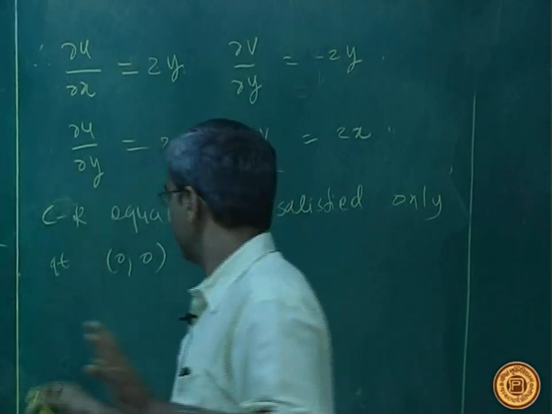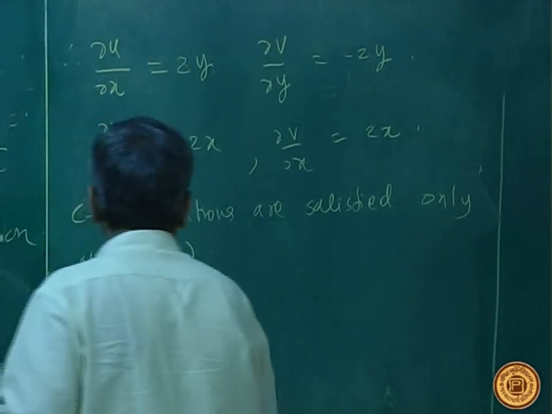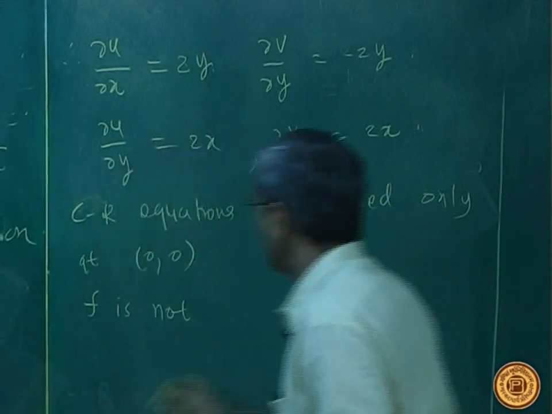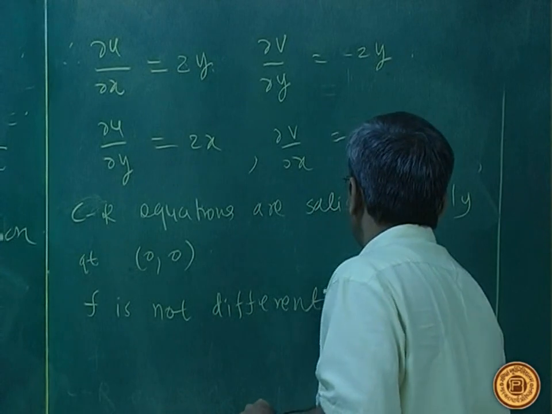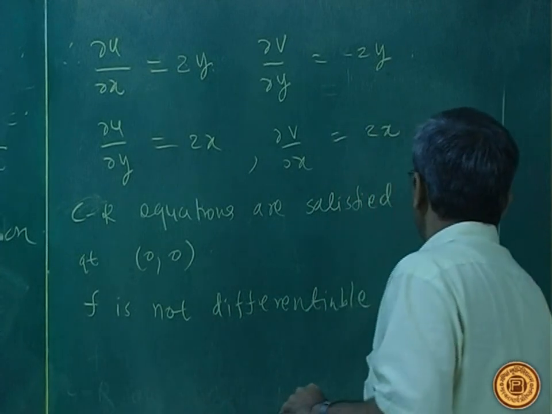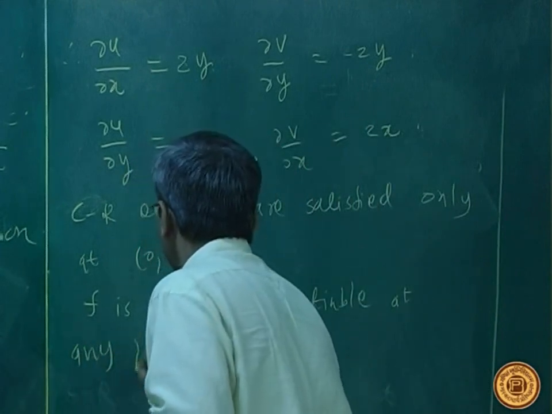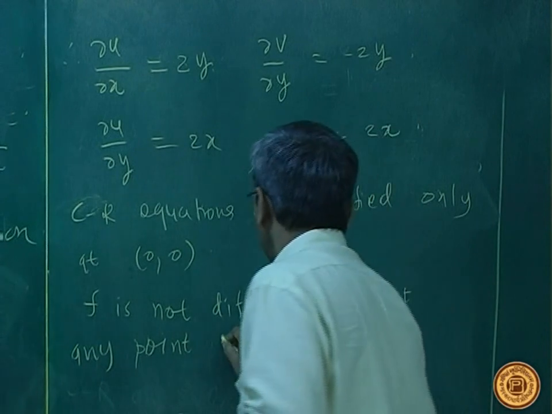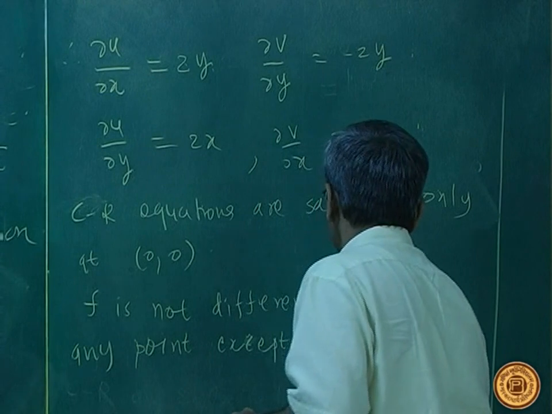Okay. So f is not differentiable. What is f? f is this complex function, it is not differentiable at any point except (0, 0).